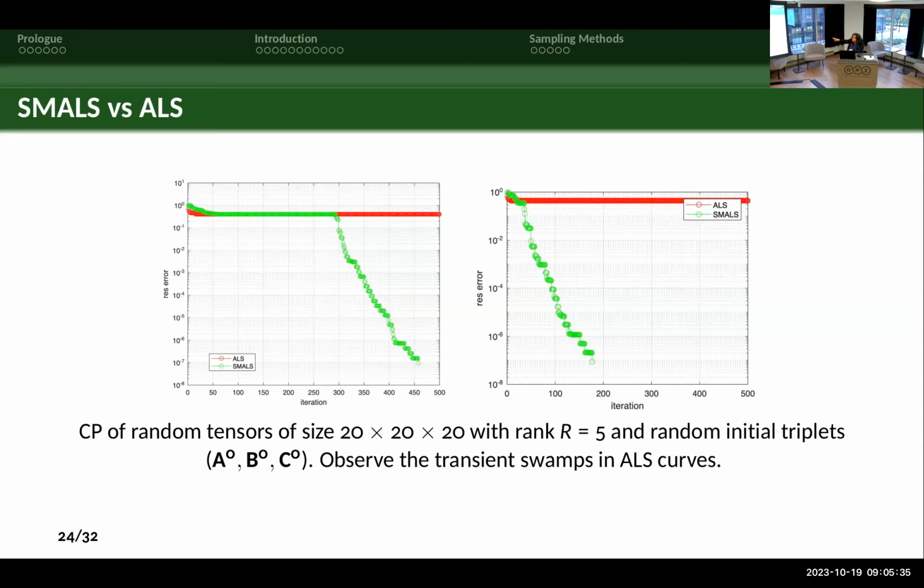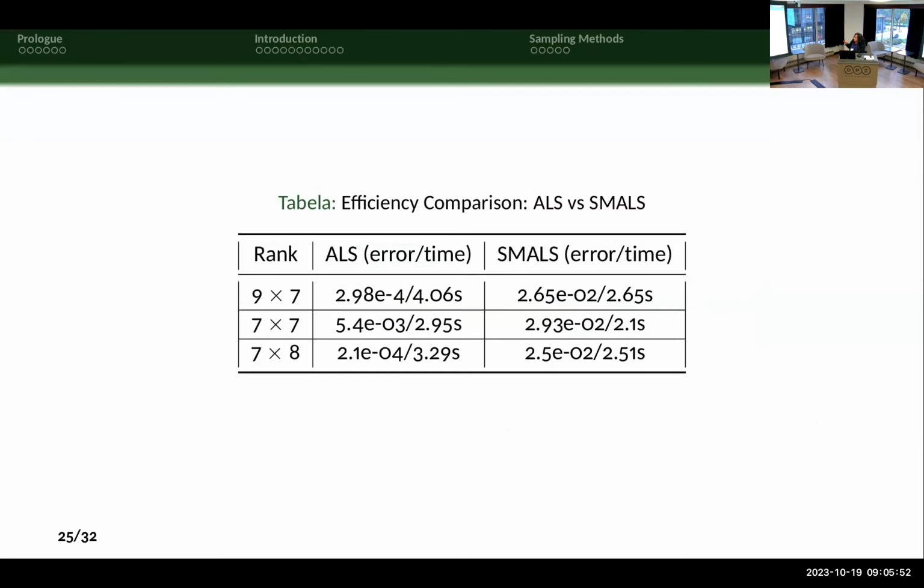You see there's a little bit of a swamp in the SMALS as well, but in the right plot, it could actually not exhibit a swamp. Okay. And in general, SMALS is going to be much faster than ALS, but then you have to compensate for the error, which is usually not as good as ALS.